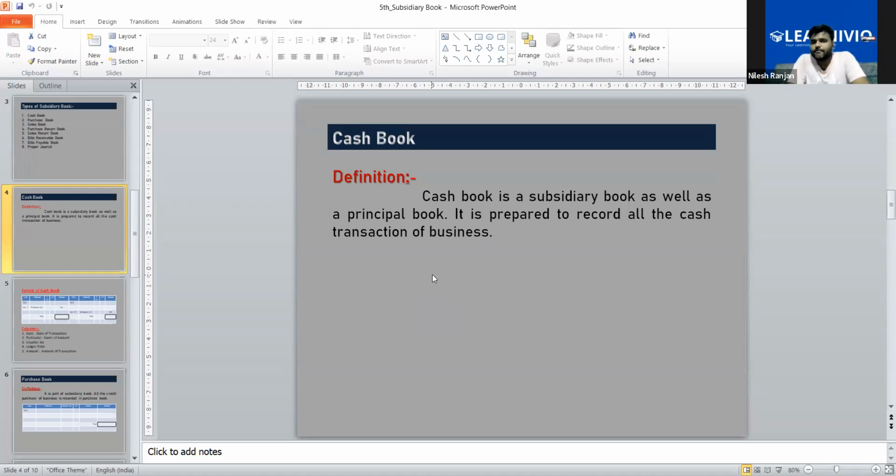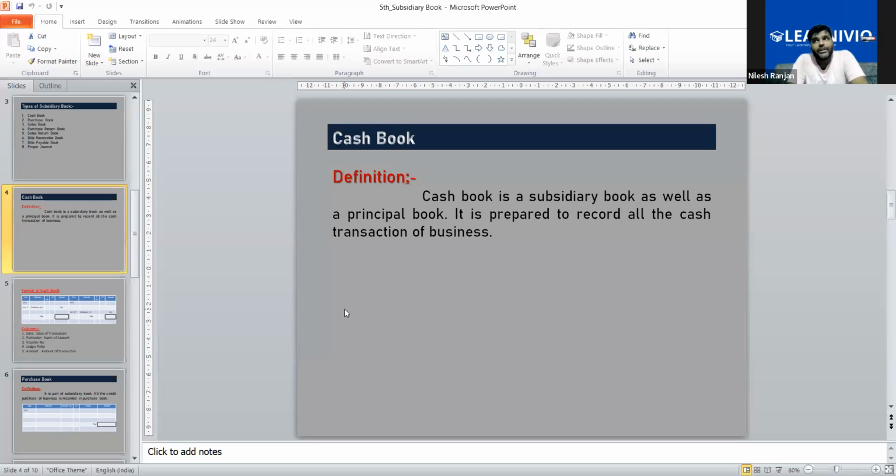So when you say the same, you are only referring to the fact that only two columns are different? No, the transaction that is recorded on the debit side or credit side is recorded in the same way as we record it in the cash book. That is why it is called the principal book.